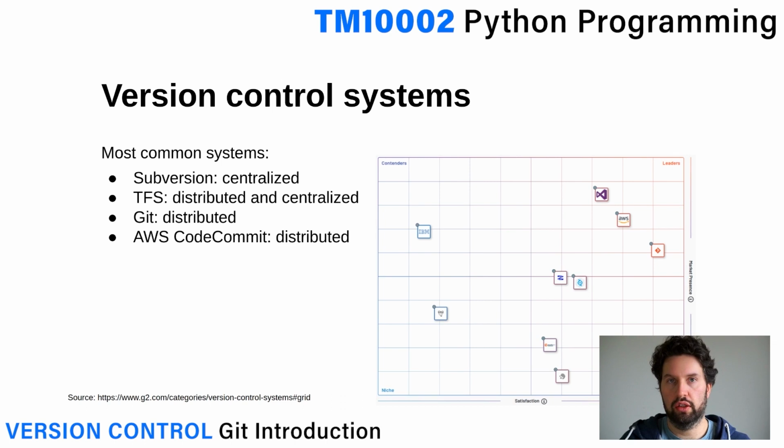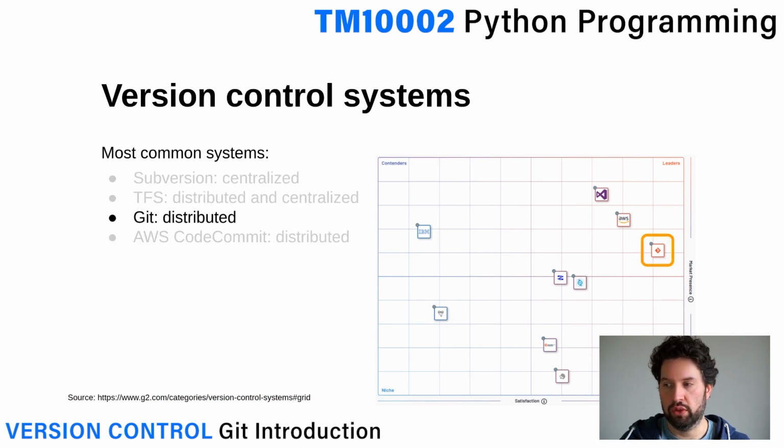So there are a lot of version control systems out there, but we are choosing one, and that's the most commonly used nowadays, and that's Git. It is a distributed one. You can look up the others if you're interested, but Git is the go-to version control system nowadays.